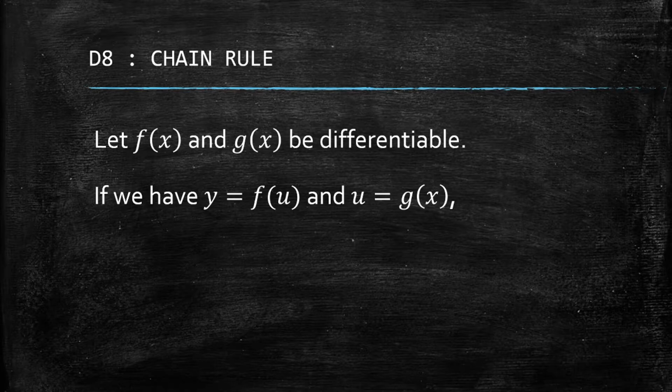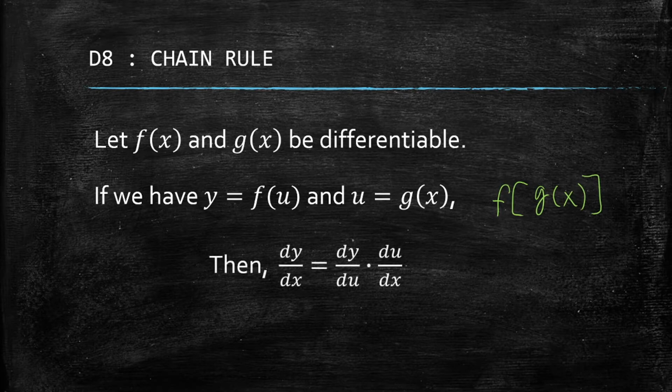For example, if we let f of x and g of x be differentiable, and we have y equals f of u, and u is our g of x, take note, this is just f of g of x.